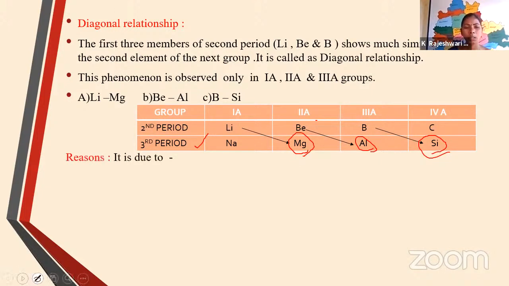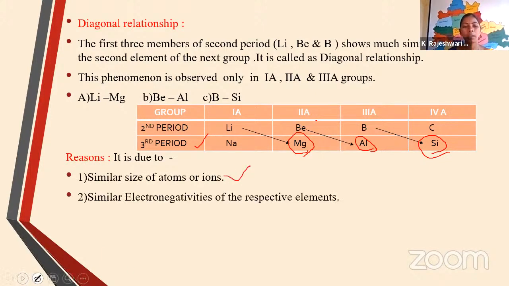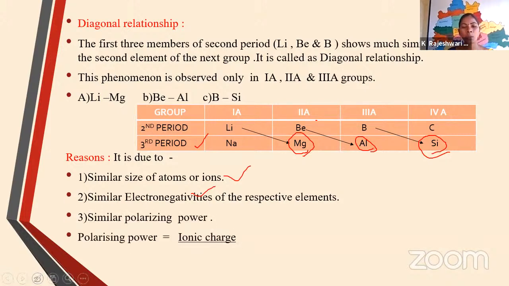What are the reasons for the diagonal relationship? Due to the similar size of atoms or ions, that is the first reason. Due to similar electronegativities of the respective elements. And similar polarizing power. What is the polarizing power formula? Polarizing power is the ratio of ionic charge to ionic radius squared.